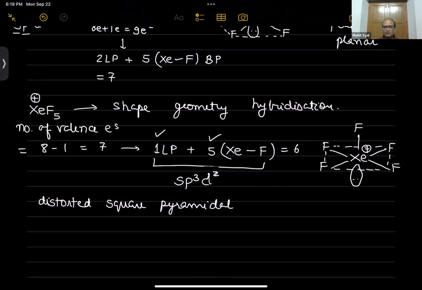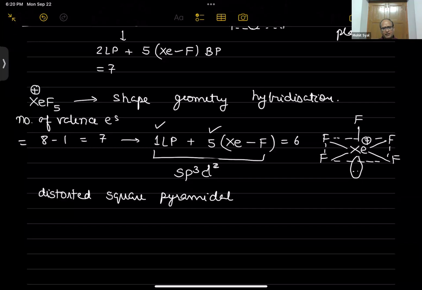from the count: if there are 2 it is linear, if there are 3 trigonal planar, if there are 4 tetrahedral, if there are 5 trigonal bipyramidal, and if there are 6 octahedral, if there are 7 pentagonal bipyramidal.